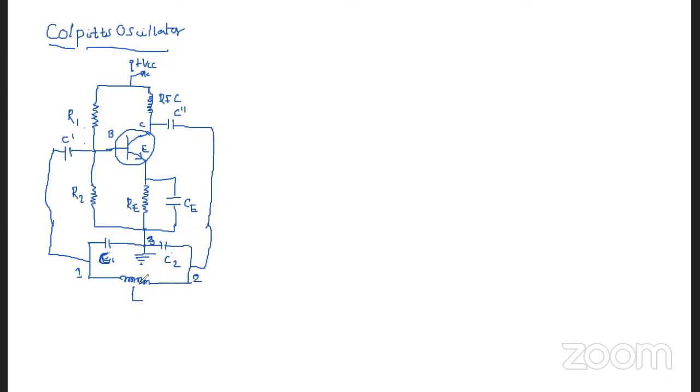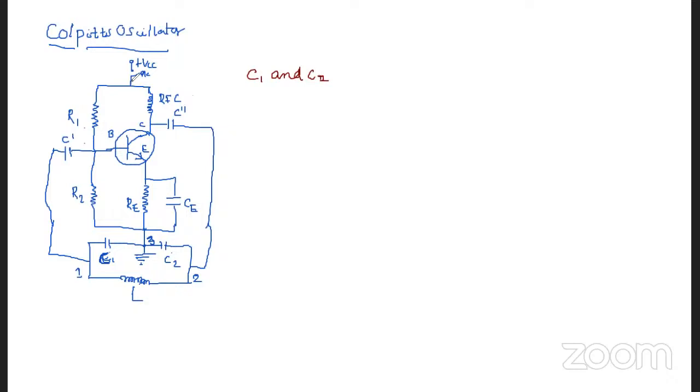Now, for the circuit operation, when the collector supply voltage VCC is switched on by closing this key, initially both the capacitors C1 and C2 are going to be charged.